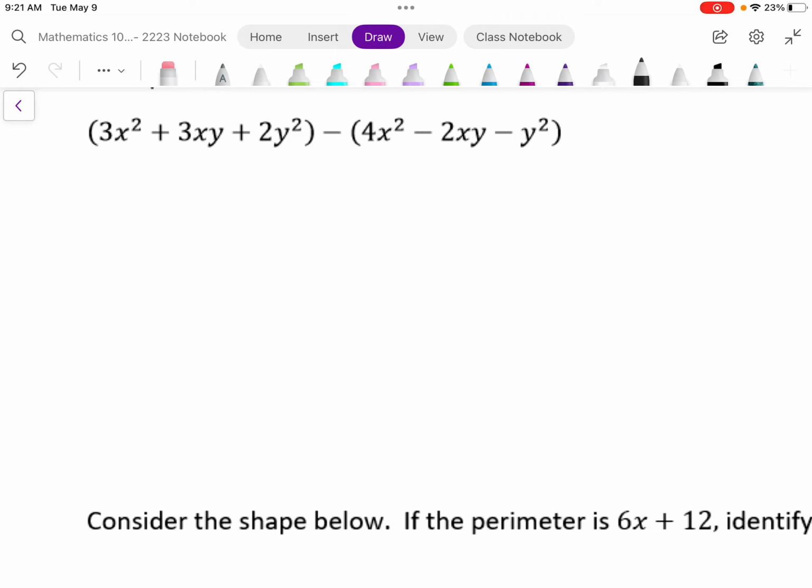All right, nearing the end. Without much thought, I'll copy out my first polynomial. Now, with a little bit more thought, I better distribute that subtraction.